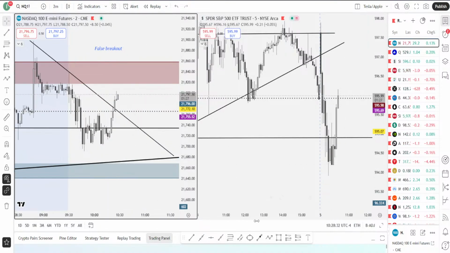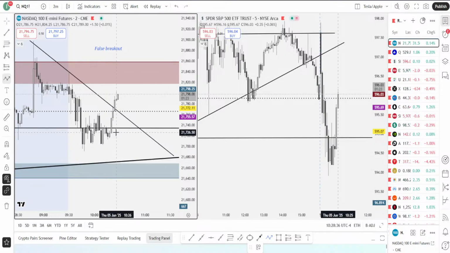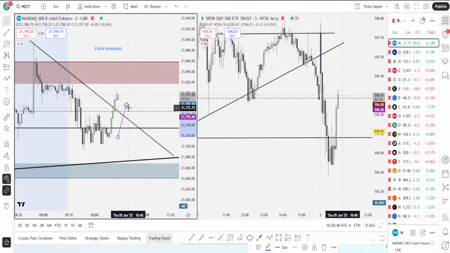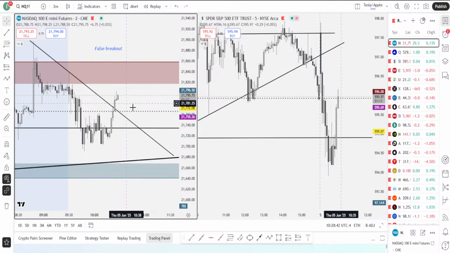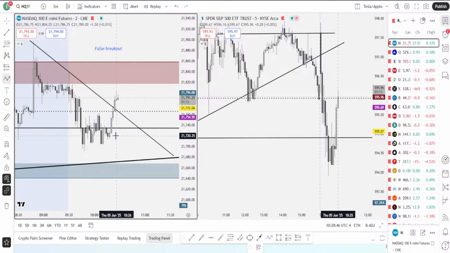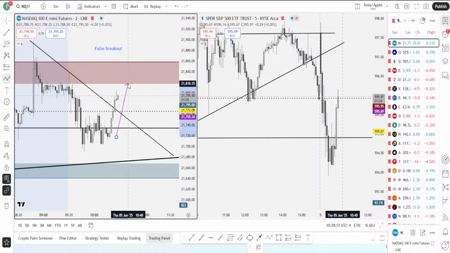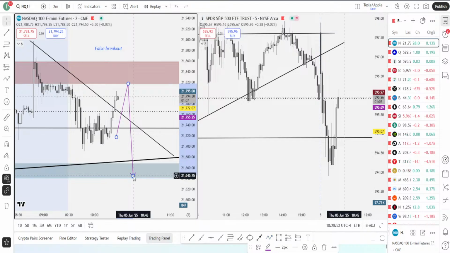So what could happen now, because we did not get that pullback and retest yet. It could look very bullish, push up, and then it can just come right down as well.